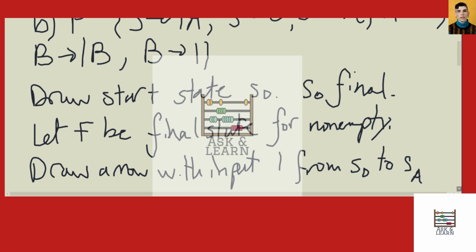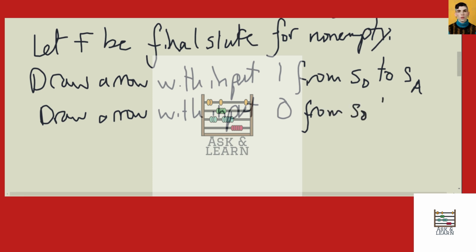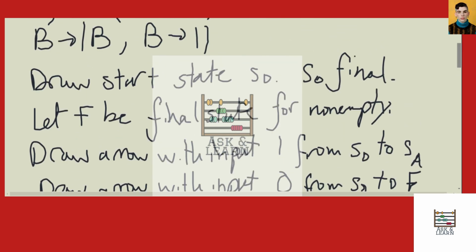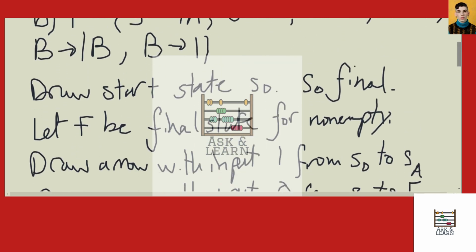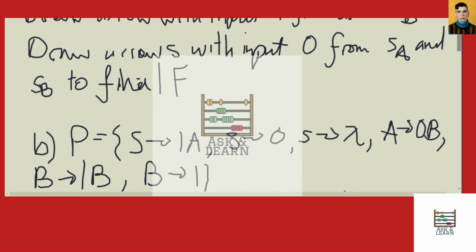Now we can also draw an arrow with input 0 from S0 to F, because this represents the production that says that S can be replaced by 0, which is a terminal symbol.